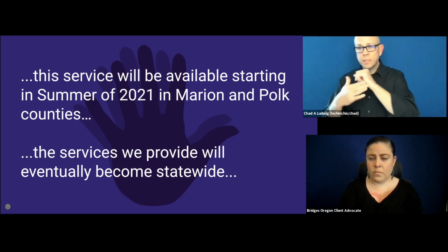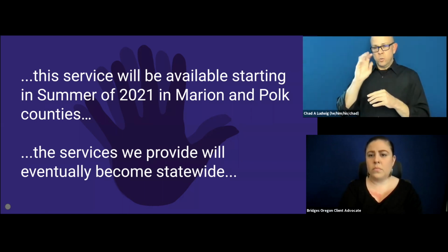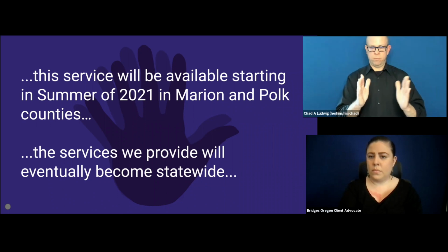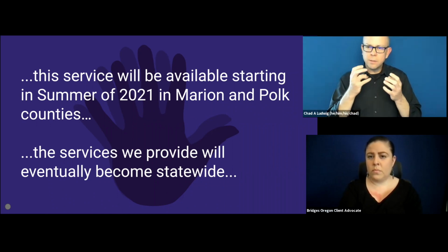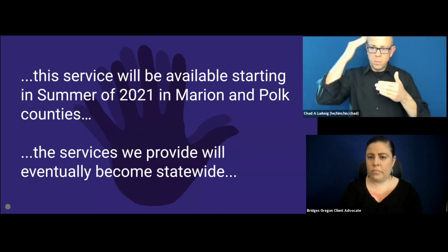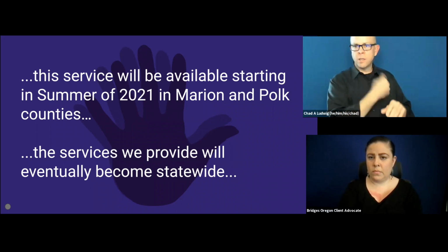There are court system services. There are other more urban systems and that sort of thing. So we decided that we wanted to start with a smaller county, Marion and Polk, to get a little taste of how we are going to do this and work things out as we get started before we get to the larger cities.